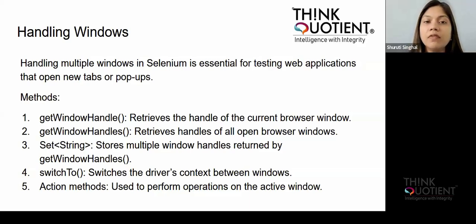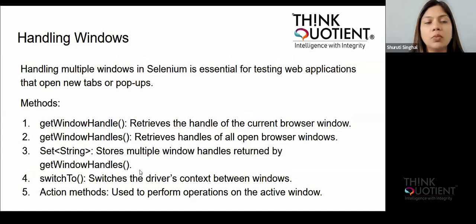The next thing that we have is switchTo. Whenever we are at a current window and we want to move our control to a different window, in that situation we use the switchTo method. It switches the driver context between the windows. Accordingly, we have the action methods, which are used to perform different operations on the active window. So this is how we handle windows.